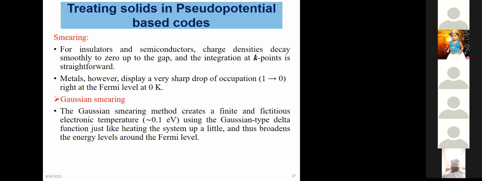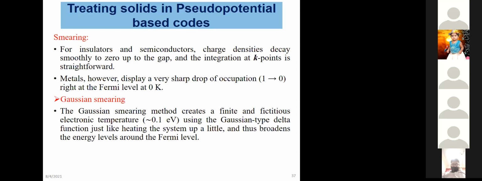And with temperature, we know that the electron population in any state can be changed slightly. So with that smearing of around 0.1 electron volt, the occupation or distribution of the electrons in any orbital is changed in a Gaussian-type form, and then we do our computation.